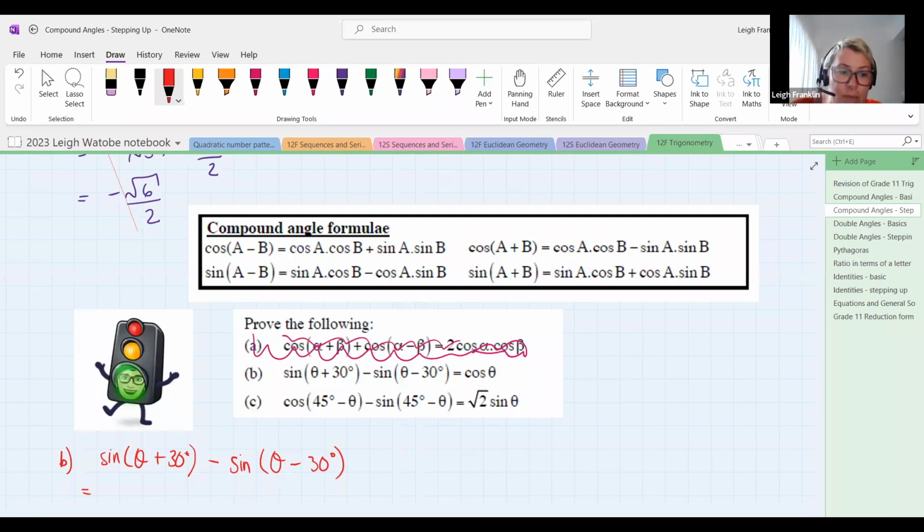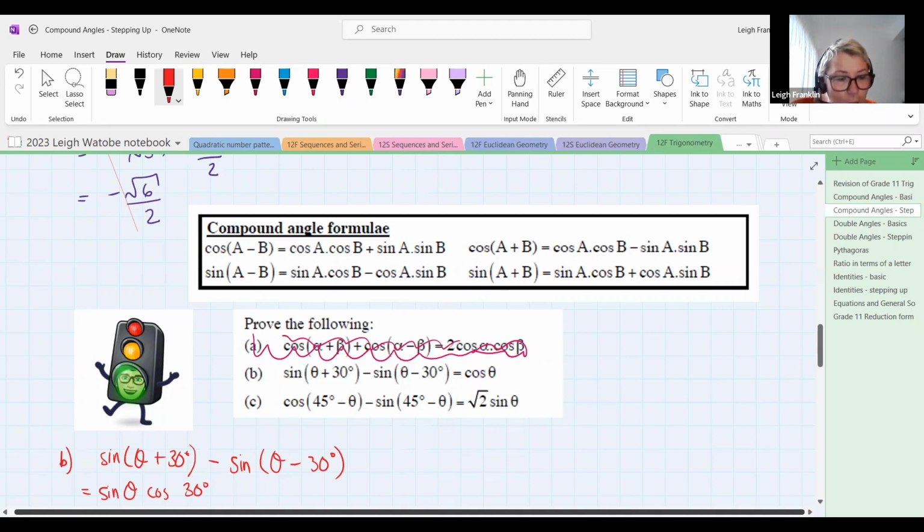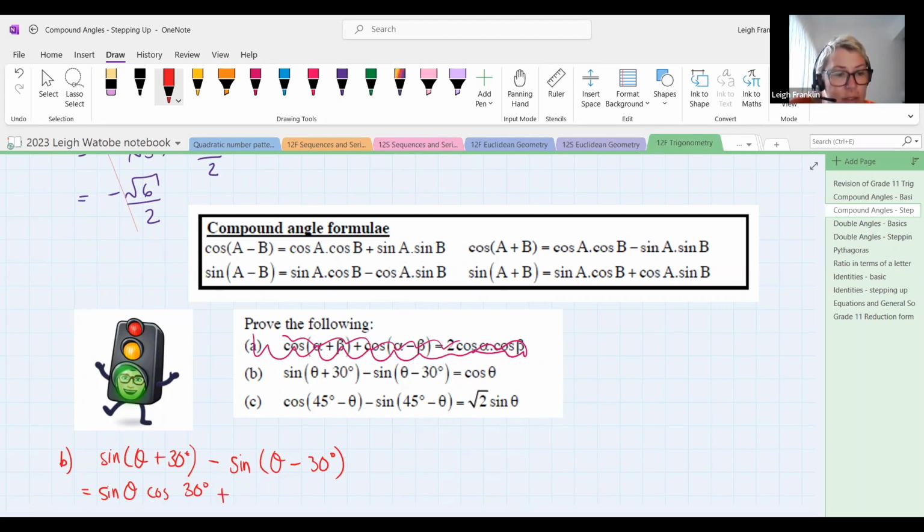So sine keeps its sign, so you would have written this as sine theta cos 30, which I suppose you've essentially done in your first step, plus, then this would be cos theta sine 30.